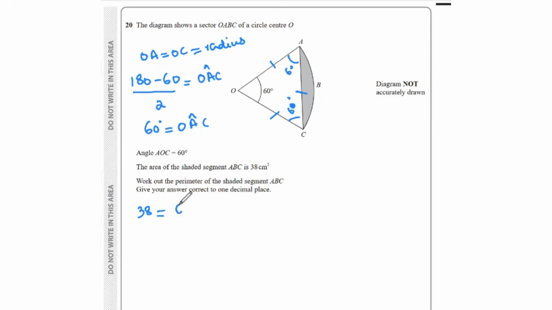Area of the sector would be 60 over 360 times pi r square minus 1 over 2 times r square times sine of 60. So that is 38 equals to 1 over 6 pi r square.